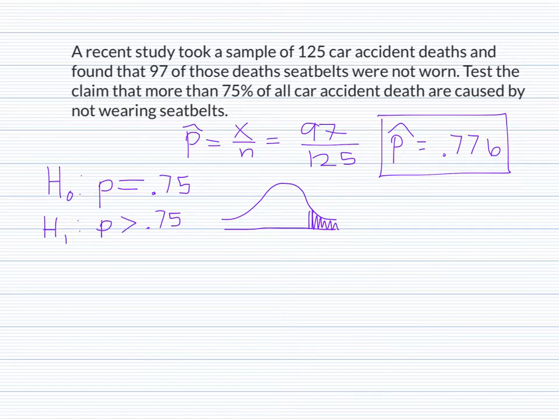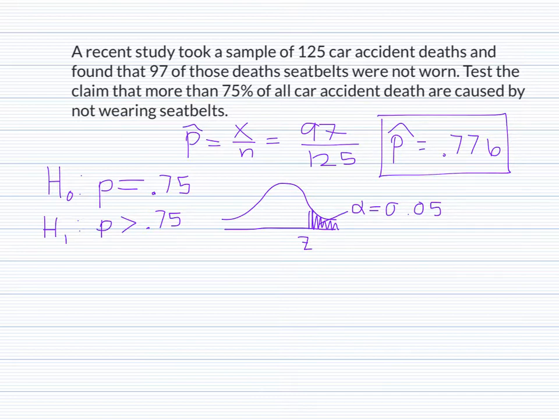Moving on to step 3 here, our significance level, our alpha, it's not given to us, so we're going to use 0.05. This means that we have a z-score test where our alpha is 0.05.